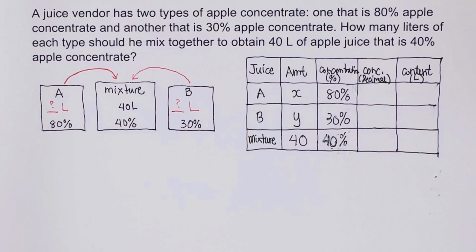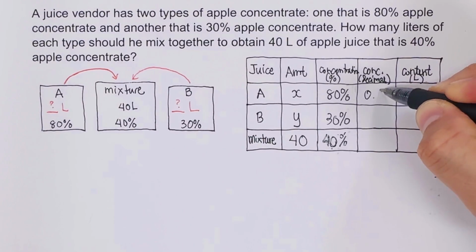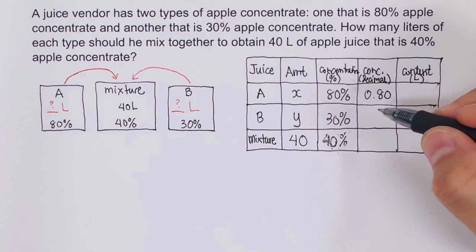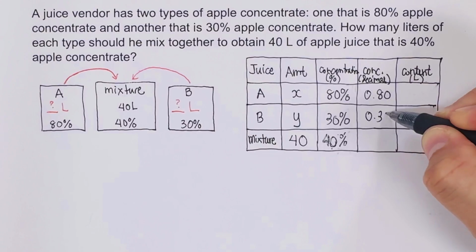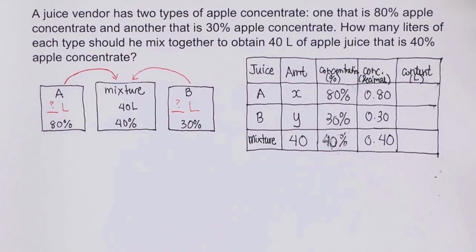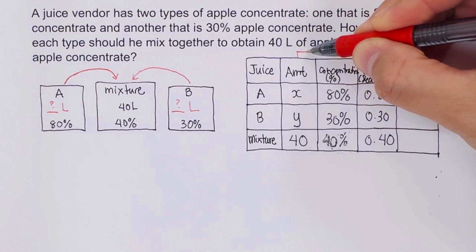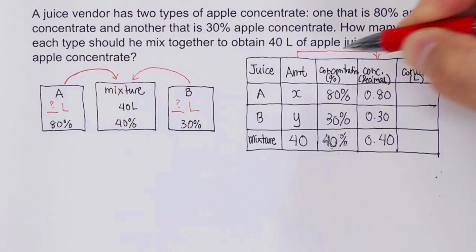We're going to change this concentration into decimals, so we just have to divide by 100. So this is 0.80 or 0.8, which should be okay, 0.30 or 0.3, and 0.40 or 0.4. And for the content, we are multiplying this column, that is the amount and the concentration, so that would represent the content.